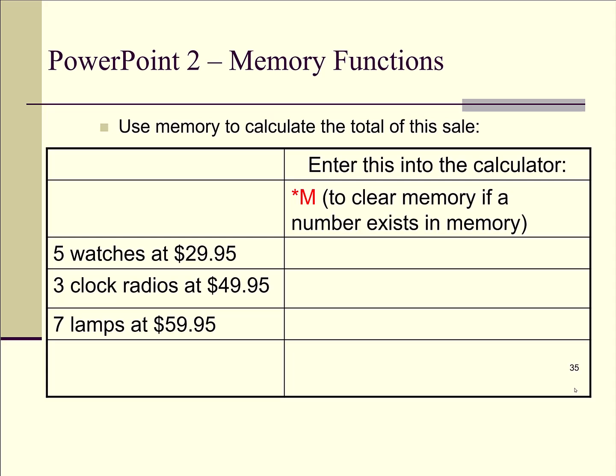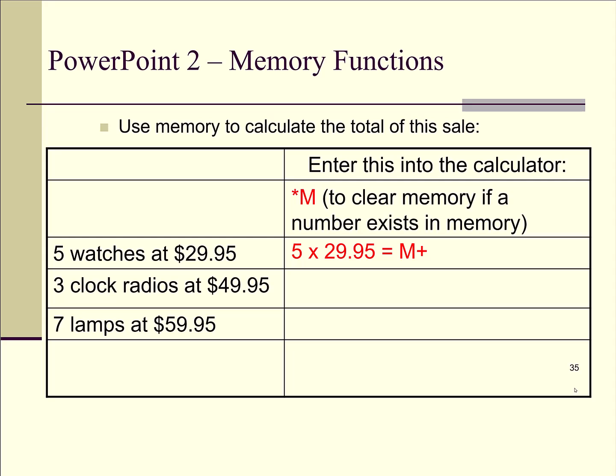Now we're going to enter the next problem as 5 times 29.95 equals, just like you do when you multiply a normal problem. And then to add that number to memory, you just hit M plus. Because we cleared memory, whatever 5 times 29.95 is, that is the number that's in your memory.